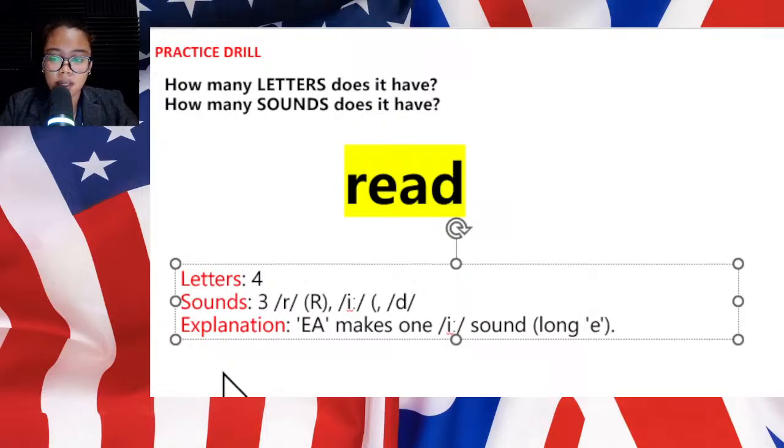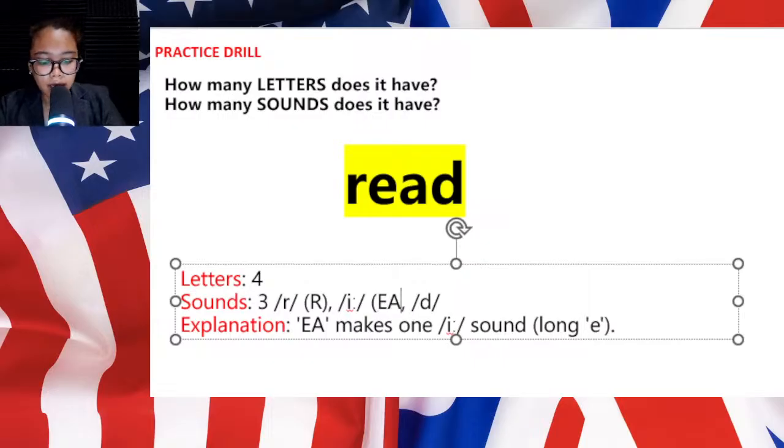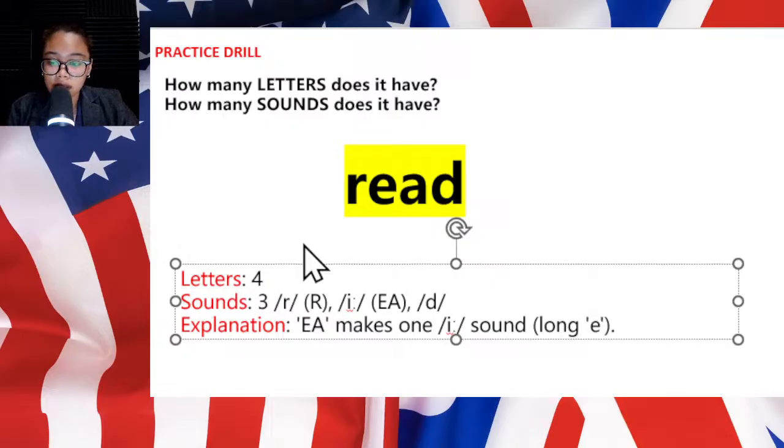So the slide's explanation here is that EA makes one E sound, long E, meaning that the second sound is produced by combining the two letters, E and A. You can see that there is a combination of two vowel letters, but it is not a diphthong, because when it comes to a diphthong, the two-vowel combination is in the sound itself, not just the letters, not the spelling of the word.